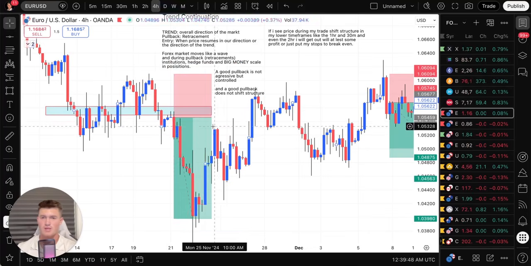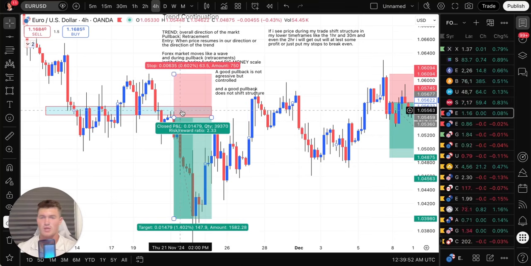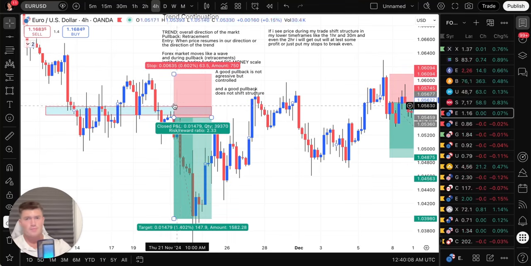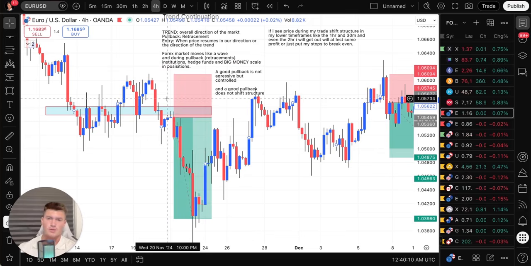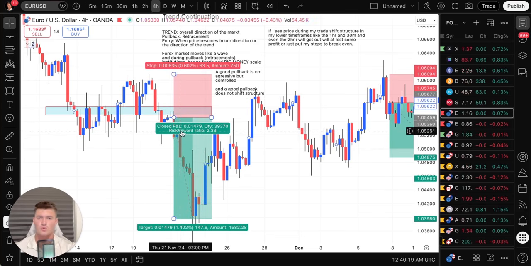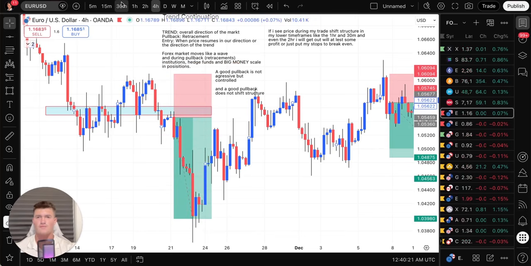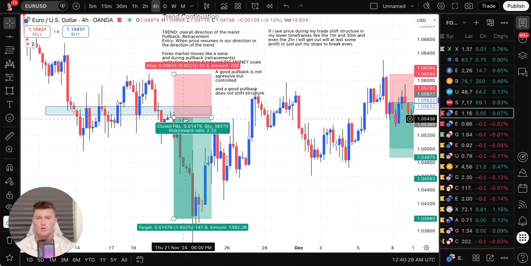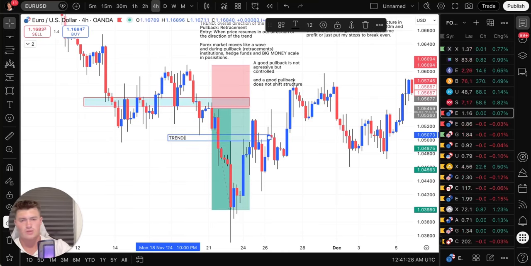So if price had come up above and closed this area right here, I'm not going to be interested anymore because now this time frame is bullish. Yeah, no sir, do not want that. Wait for your 1 hour engulfing for extra confirmation, then enter either on the pullback or enter off of your 1 hour engulfing candlestick.